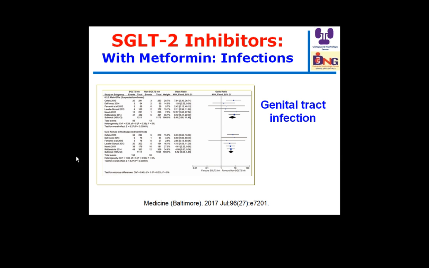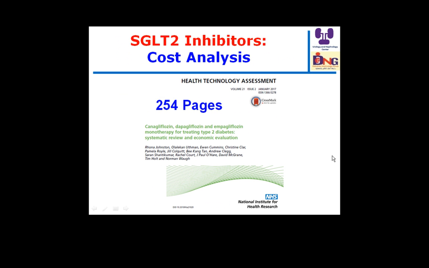And if we use sodium glucose transporter 2 inhibitor with metformin, you can find the combination therapy is associated with a significantly increased risk of genital tract infections. Another important point is the cost analysis. In comparison, canagliflozin, dapagliflozin, and empagliflozin are expensive drugs as monotherapy. So up to this moment, the most cost-effective treatment of type 2 diabetes is metformin.